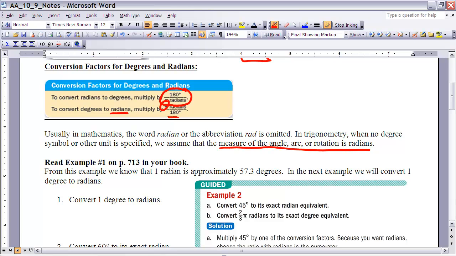So just in general, if you just have a number but no degree sign with it, and we're talking about the measure of an angle or an arc or rotation, we're talking about that being in radians. If it has a degree symbol, obviously, then it would be in degrees.